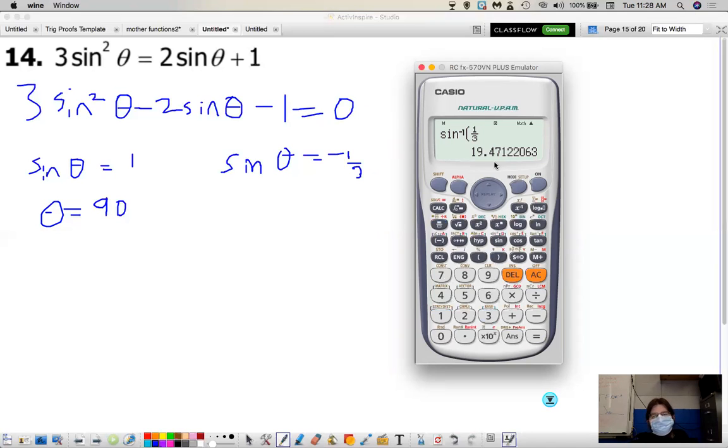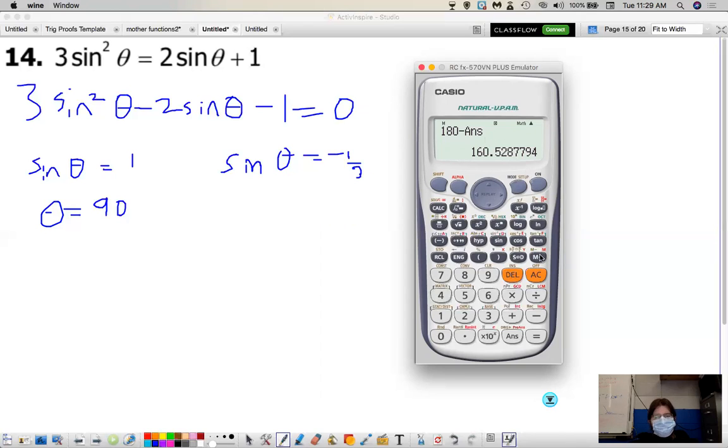And that's 19.5. But I need to fix that to be in quadrants 3 and 4. So that's 19.5 degrees away from the x-axis. So 180 minus that should be the answer. No, plus that. Yeah, because that would be quadrant 2.